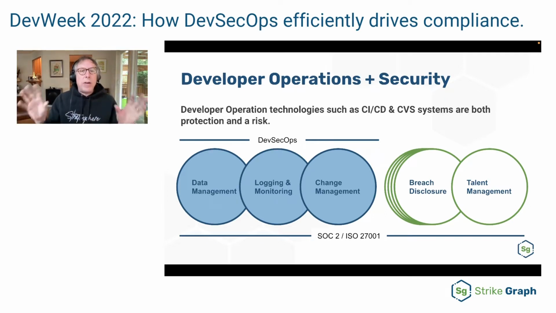And when we think about developer operations and security, or DevOps, DevSecOps, we're really thinking about three critical areas of technology security. And primarily that's data management, logging and monitoring, and change management.